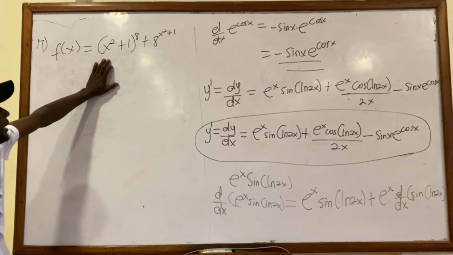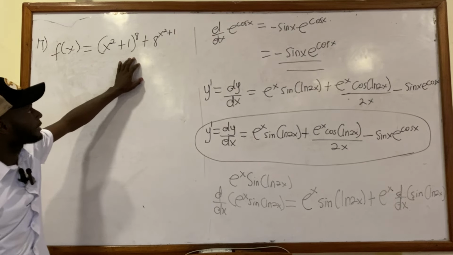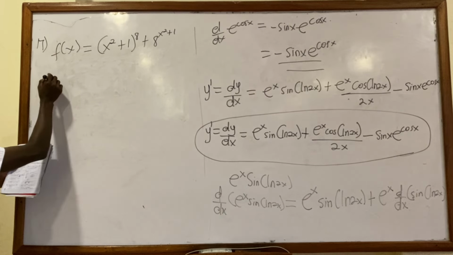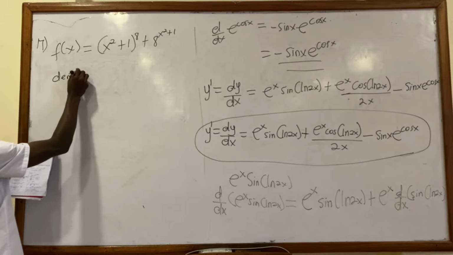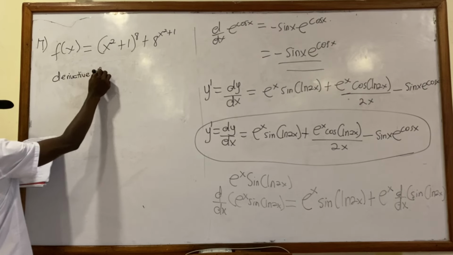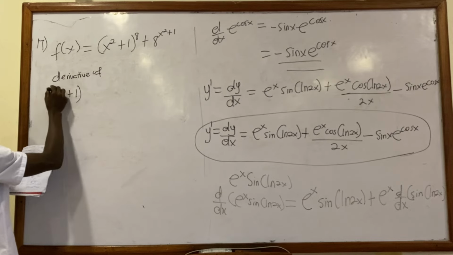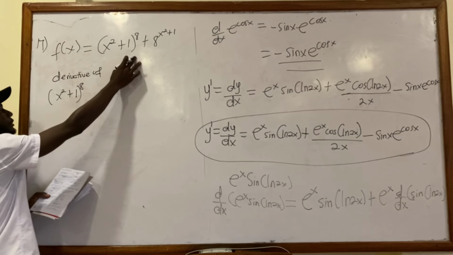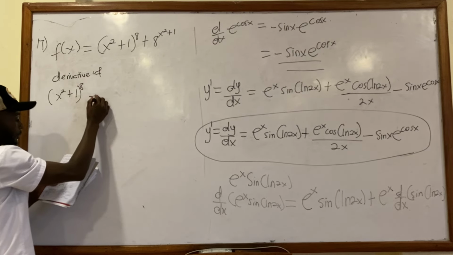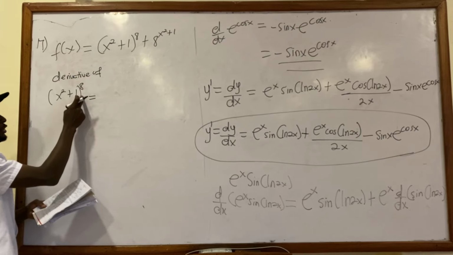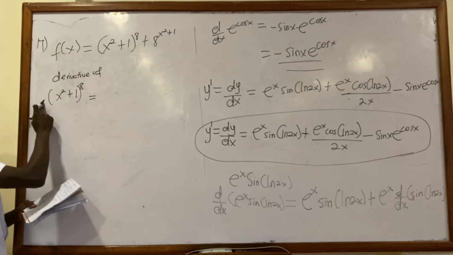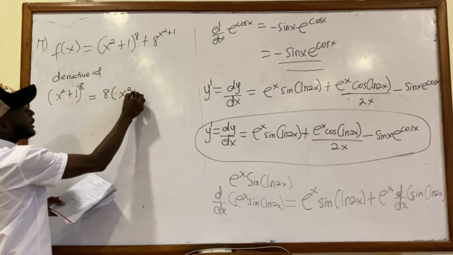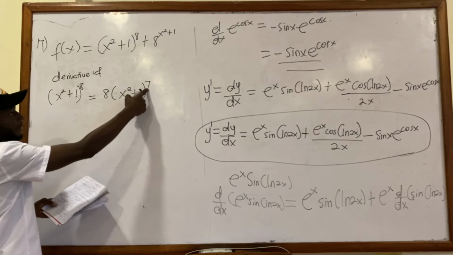The derivative of (x squared plus 1) to the power 8, the first term: using the chain rule, we bring the exponent down and subtract 1 from 8, so we have 8 times (x squared plus 1) to the power 7.